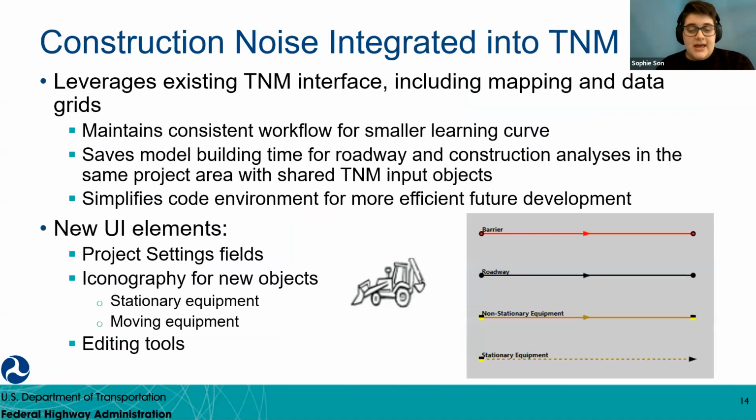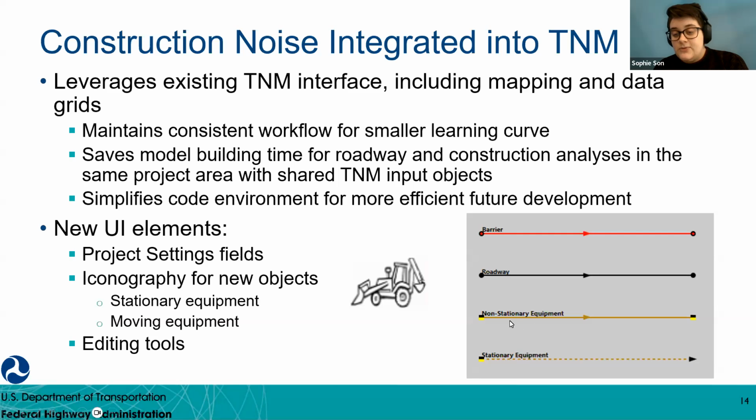So in the edit pane, the equipment objects are accessed using this front end loader icon here. Once you choose which object you want to digitize and put it in the plan builder, it will look like one of these two options. Either it will look pretty much like a roadway object if you choose a non-stationary equipment, meaning its noise generating activity takes place as the equipment is moving throughout the project area.